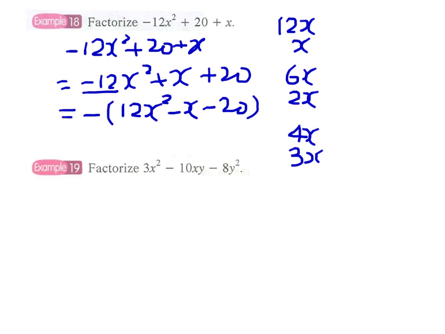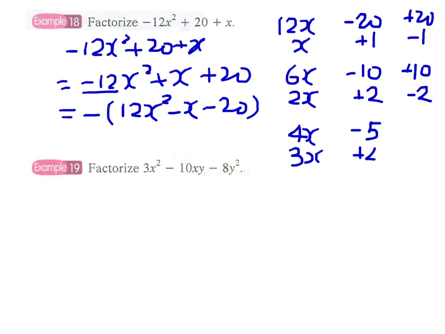And for minus 20, we can have minus 20 plus 1 or plus 20 minus 1 or minus 10 plus 2 or plus 10 minus 2 or minus 5 plus 4 or plus 5 minus 4. And in this problem, the middle term is minus x. Therefore, after selecting the correct pair of factors and cross multiplying, we have to make up the term of minus x.